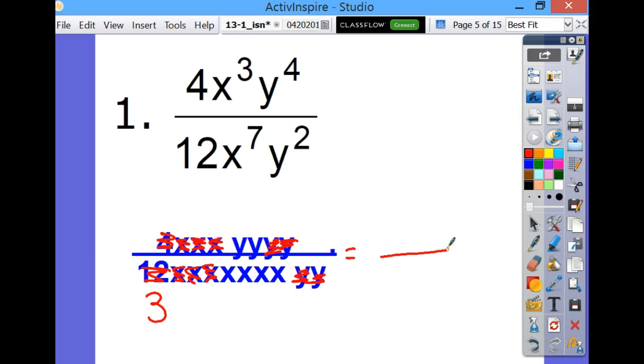What's left? On the top I have some y's. I have 2 y's, y squared. On the bottom I have a 3, and I have 1, 2, 3, 4 x's. That is simplified. So if you don't have any adding signs in there, you expand and you cancel out as much as you can.